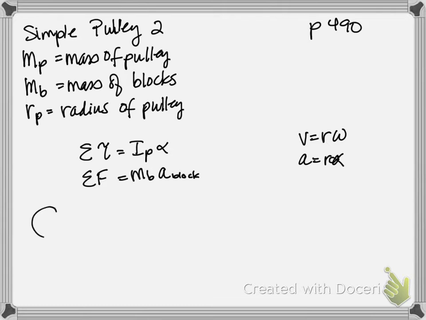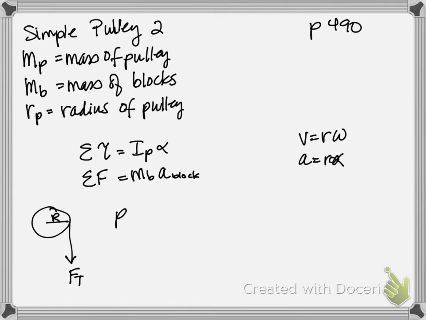Let me draw the pulley here. Here's the R, and here is, let's just call this, the tension force. So what is the sum of torques on the pulley? It's going to equal I times alpha. Well, the only torque there is is the torque from the tension in the rope.